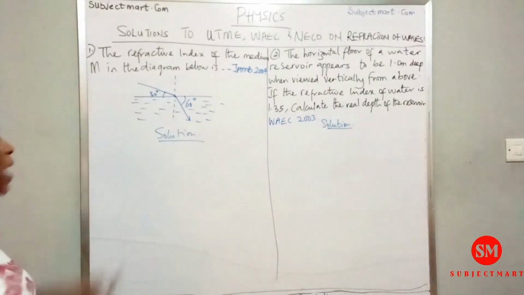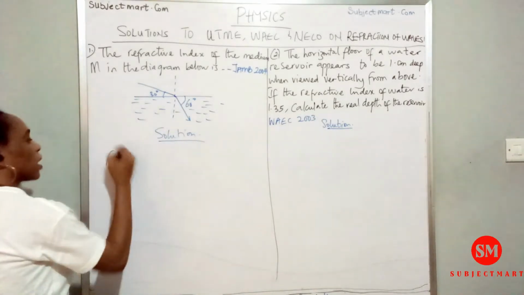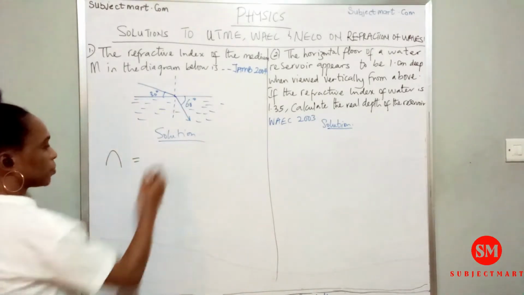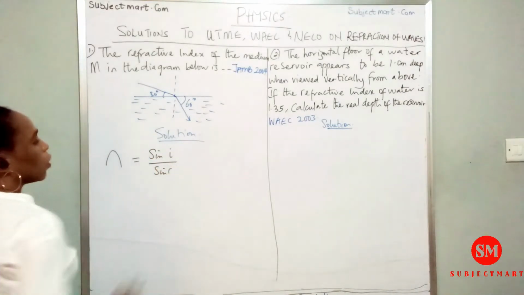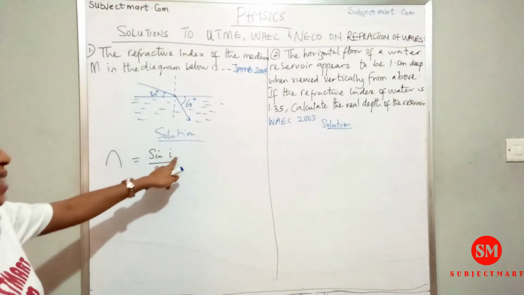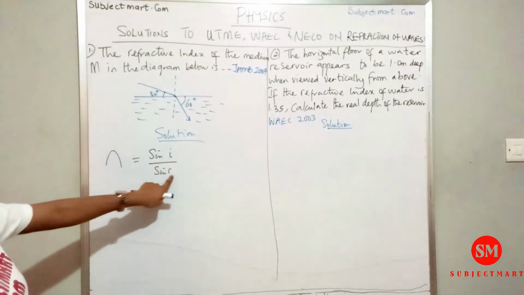The refractive index of the medium in N. Here's the diagram. We are asked to find the refractive index. Recall that refractive index is equal to sine i over sine r, the sine of incidence over the sine of refraction.